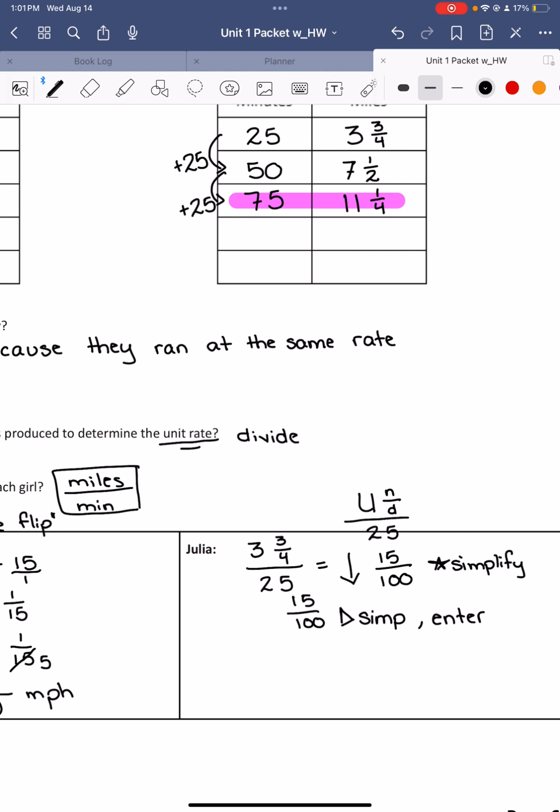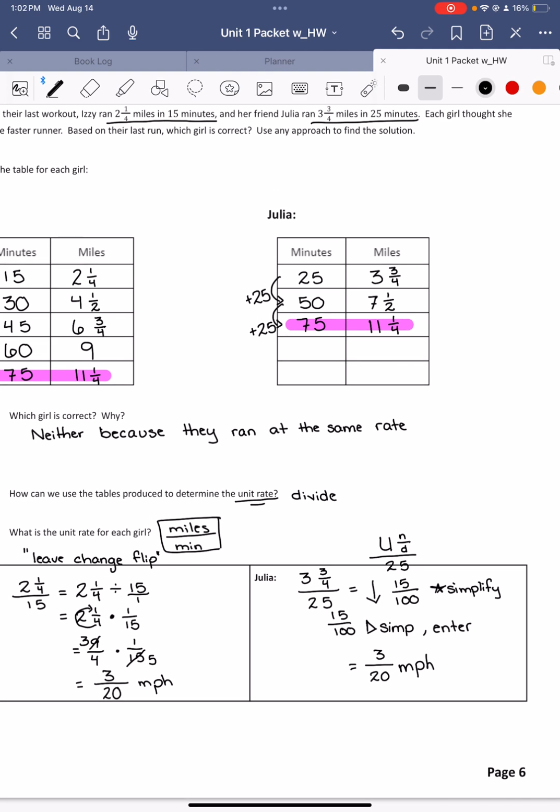And it should automatically simplify your fraction and tell you that it's 3 over 20. If you get another answer where there's a downward arrow, you're just going to continue to press that simplified button until it goes away. So this would be our unit rate, and that makes sense because both of the girls ran at the same exact rate.